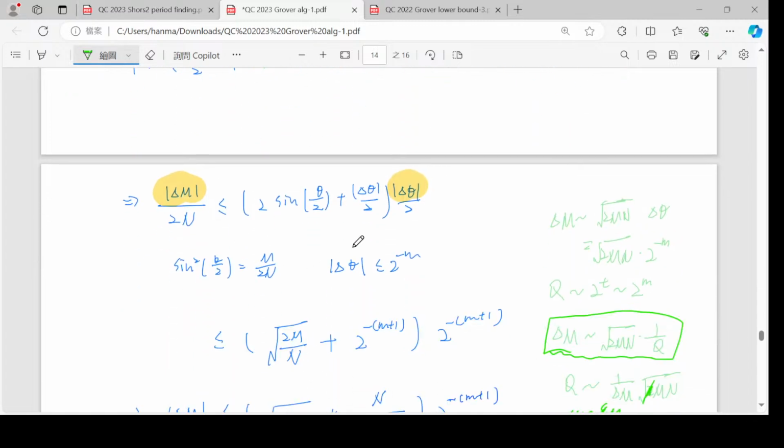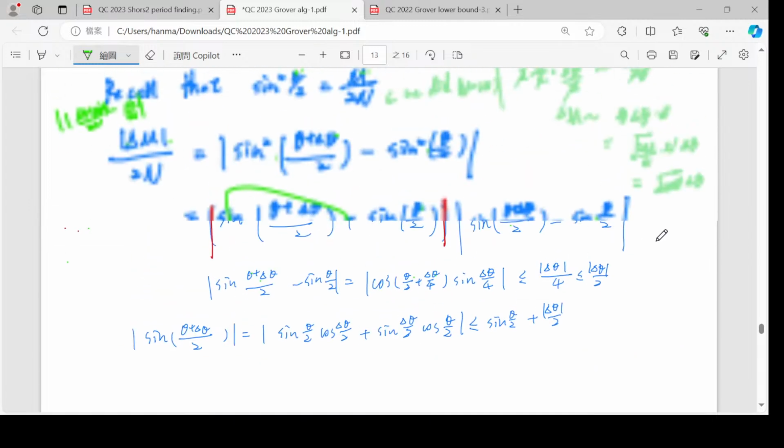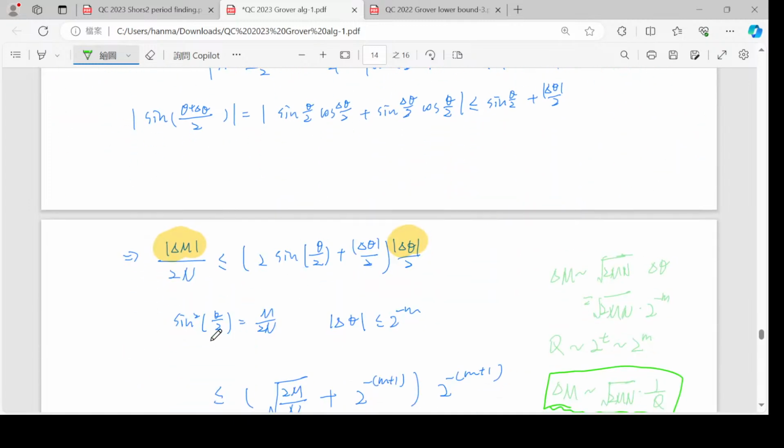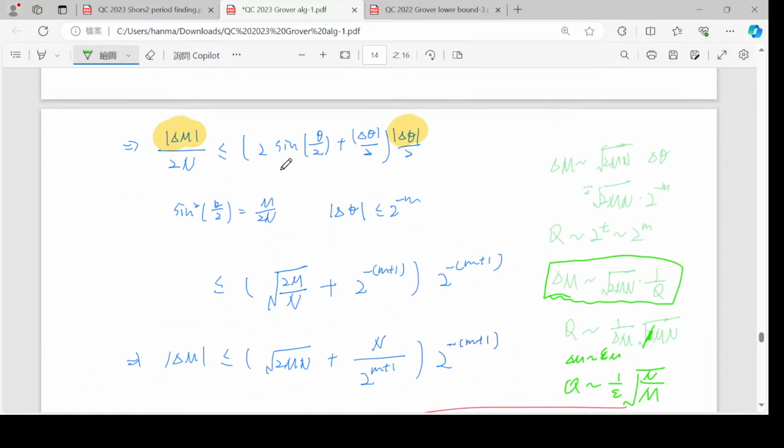Anyway, we have this sine theta over 2 here, but we don't want to express things in theta, so we turn this into m and n again. So sine squared theta over 2 is once again equal to m over 2n. And we know delta theta already has an upper bound: delta theta is bounded by 2 to the minus m. So you change the first term by this equation, taking square root.